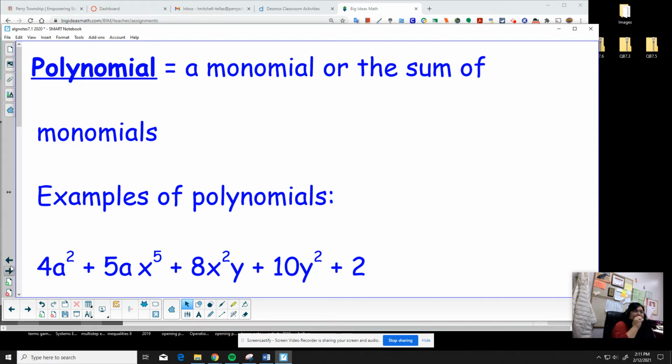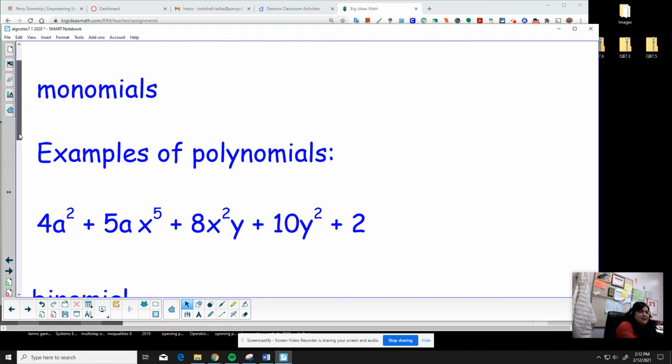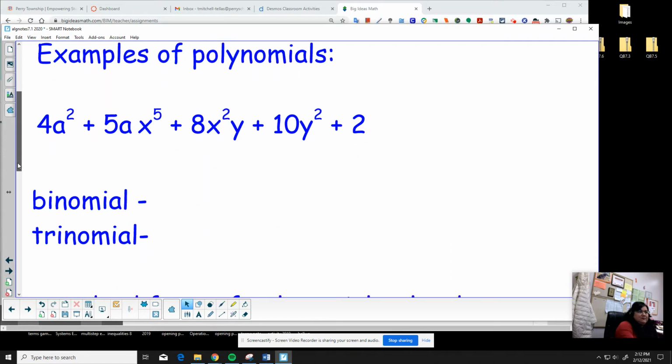Okay, again, press pause and copy this definition. A polynomial is a monomial or the sum or difference of monomials. So here's a nice big polynomial. Okay, special cases for polynomials. A binomial is 2 terms, and a trinomial is 3 terms.